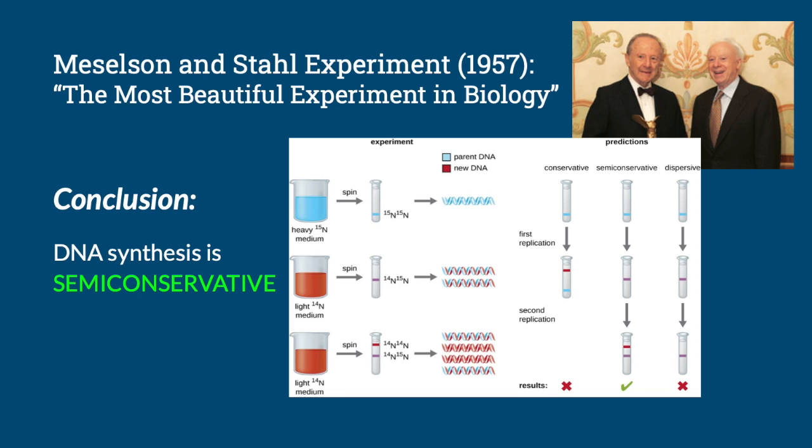After the first replication cycle, using cesium chloride equilibrium density gradient centrifugation, they saw that the DNA yielded intermediate density, thus eliminating the conservative model. After another round of replication, the DNA yielded lighter density replicates, but the intermediate density still remained, thus eliminating the dispersive model, concluding that DNA synthesis is semi-conservative.